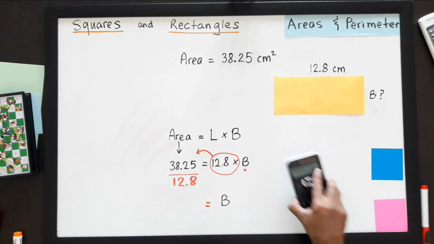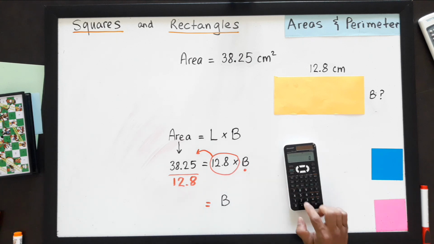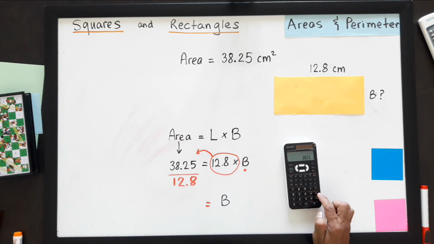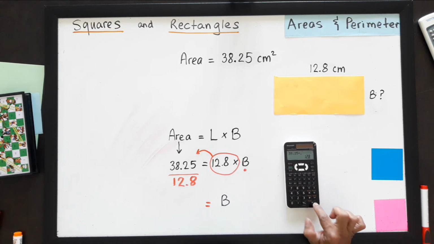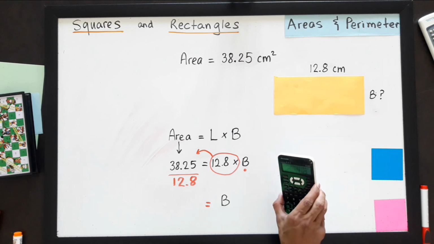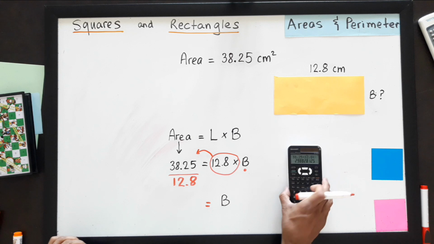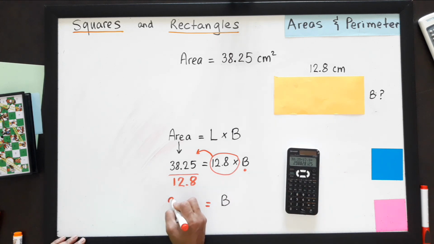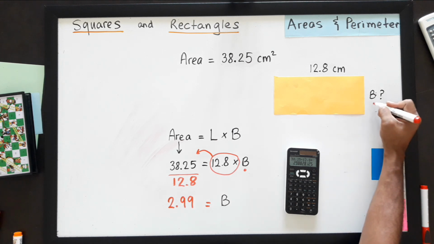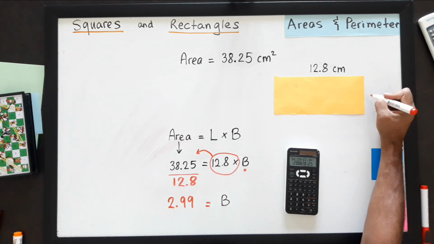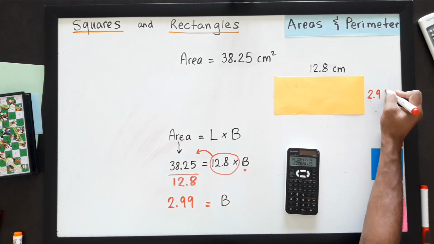Let's divide it, and that should give us the breadth. 38.25 divided by 12.8. And we get roughly, if we round it off, 2.99. So the breadth here is actually 2.99.